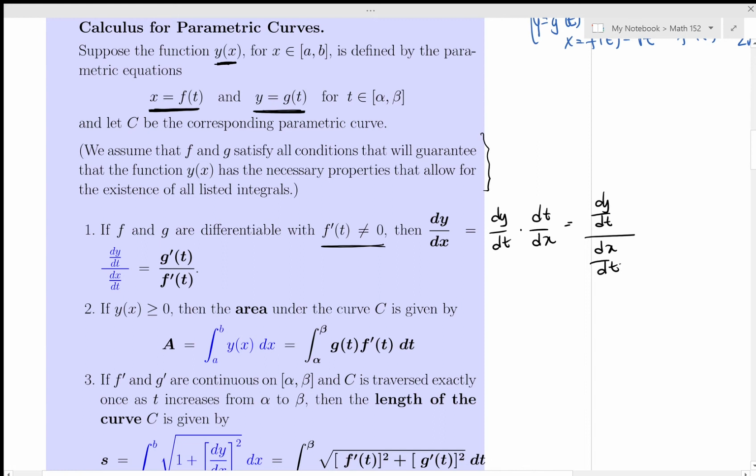And what is dy by dt? Dy by dt is g prime at t, and dx by dt is f prime at t. That's where this is coming from. It's chain rule. So we have that relationship sitting there.